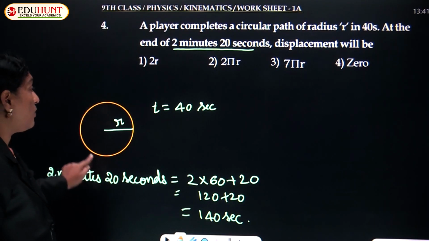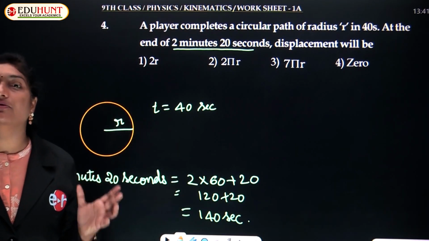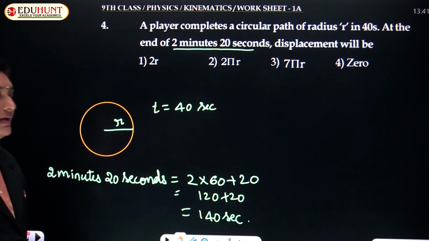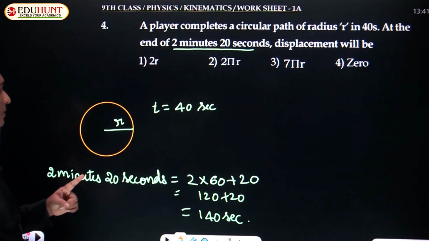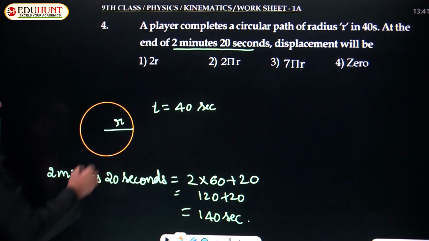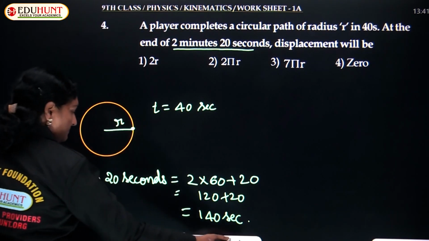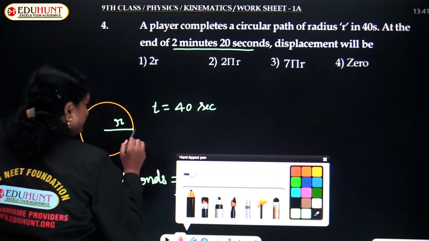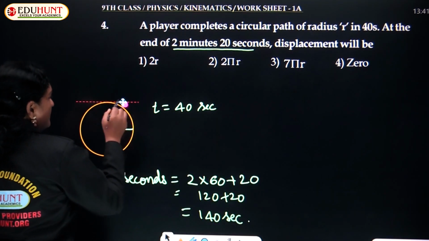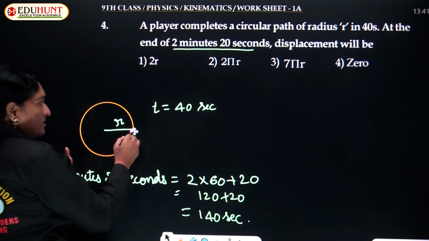So, the player revolves around the circle for how long, children? For 140 seconds he is in motion. Let us see what exactly happens. Now, after 140 seconds, where will his final position be? For the first 40 seconds, starting here, he moves like this and comes back. 40 seconds over.